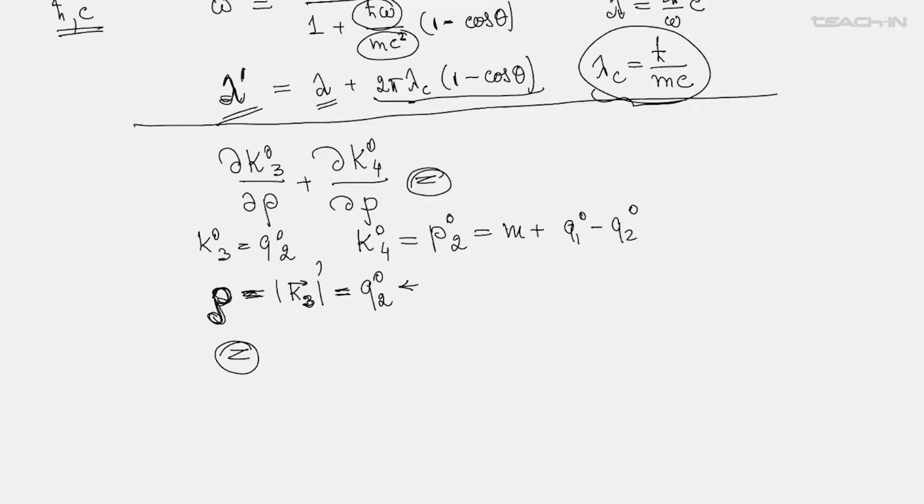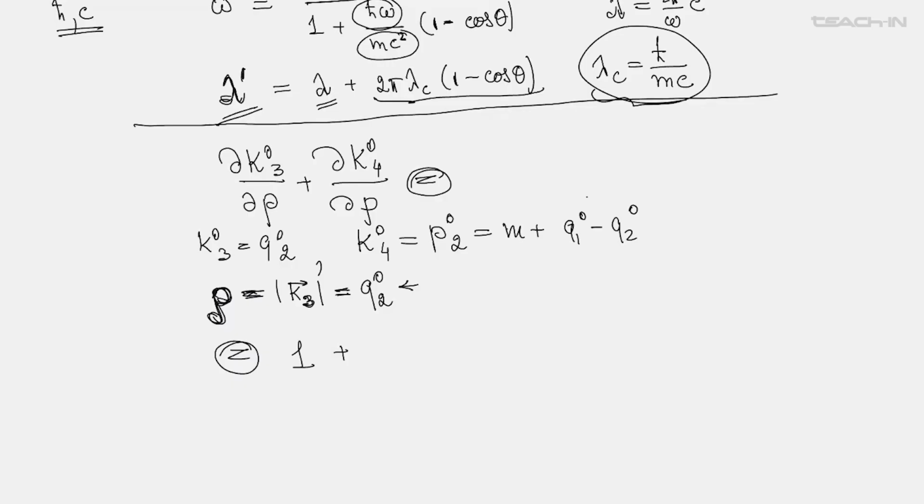And I do it in the following way. K20 over K20, the first term, gives me 1. But in the second term, I have to take into account the conservation law. I'll first write and then make a comment.